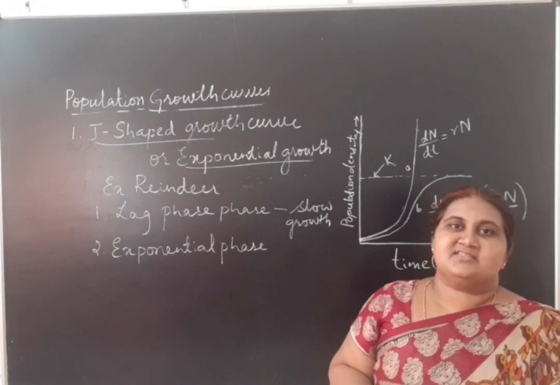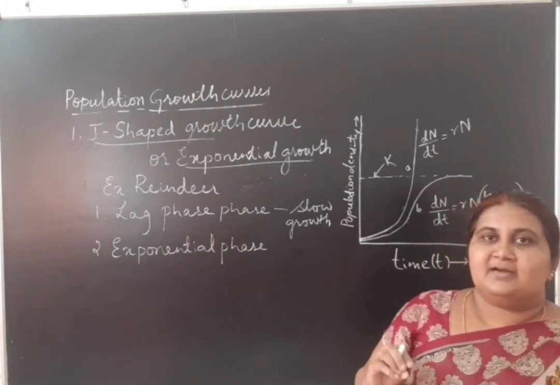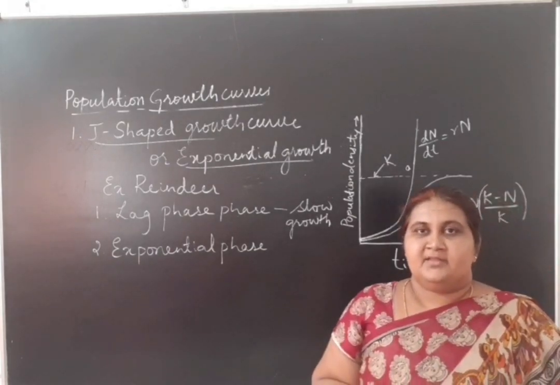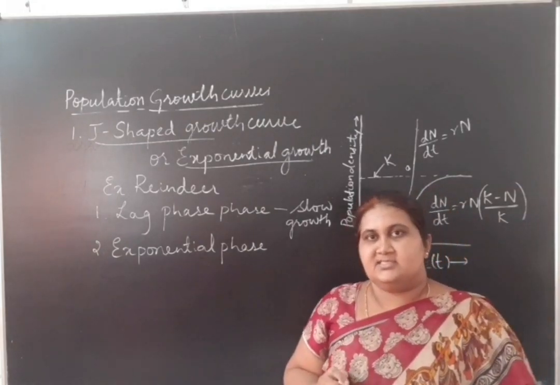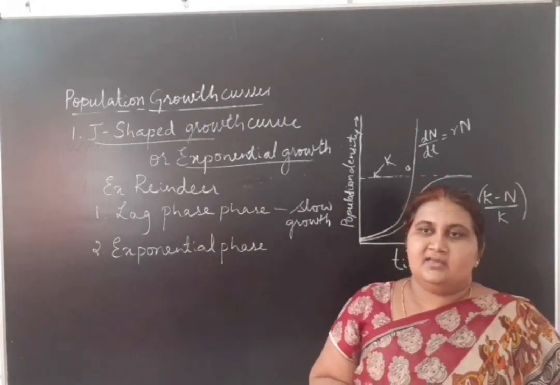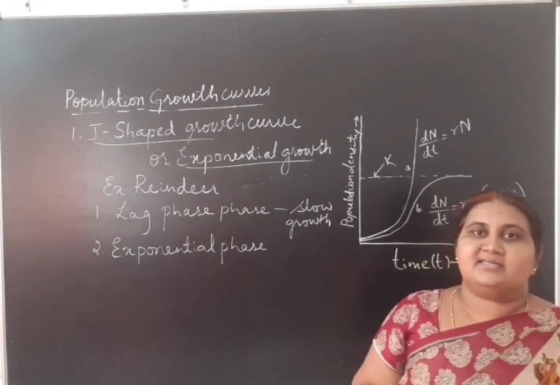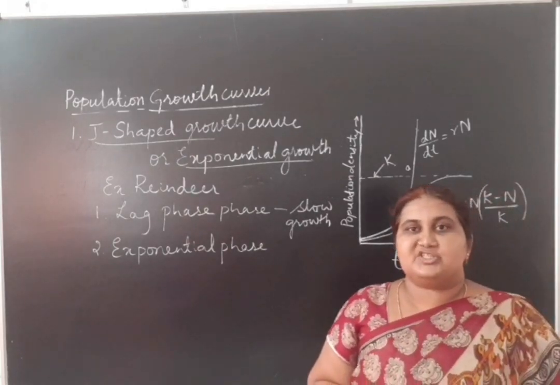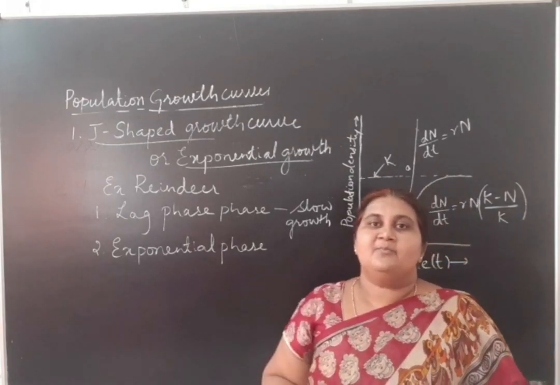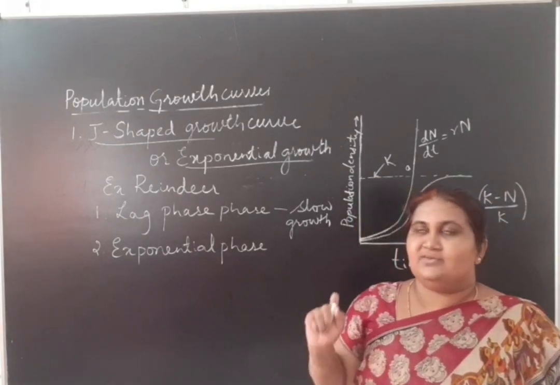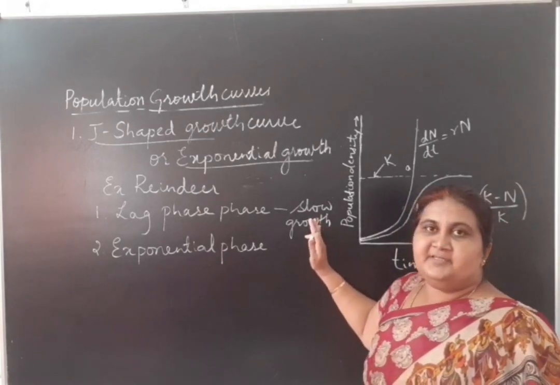Because the resources might become scarce. The increase in mortality is called population crash. At a particular moment, there will be a population crash seen within the J-shaped curve.